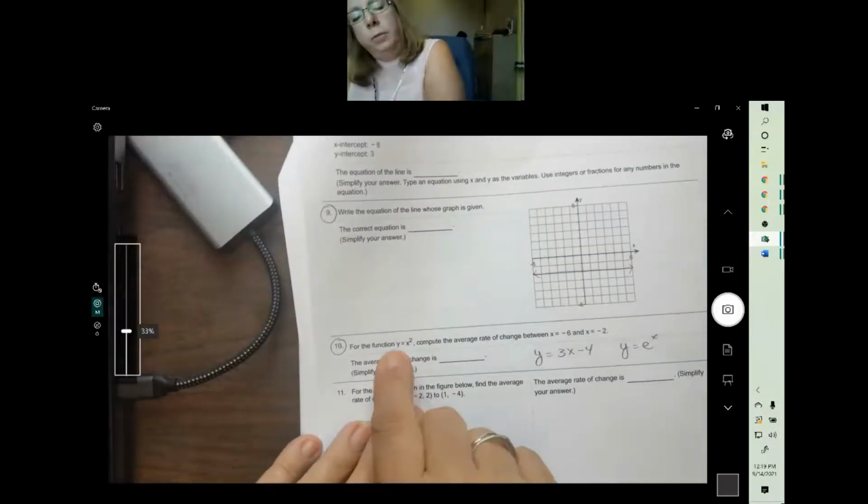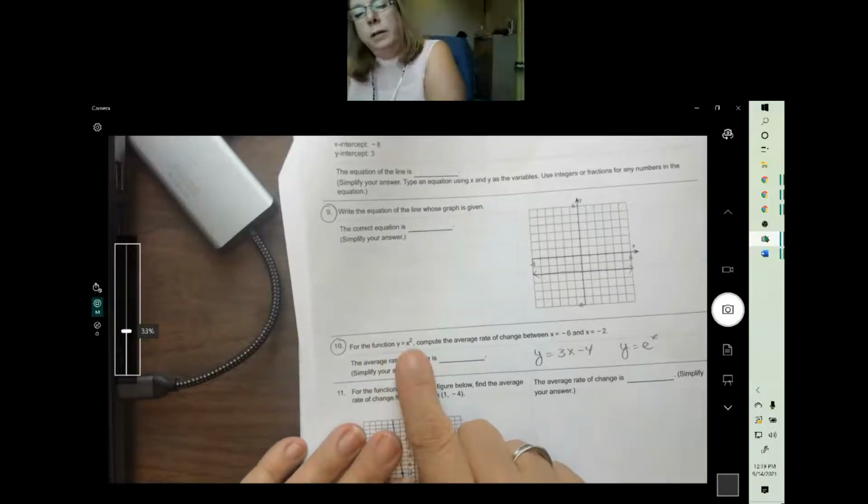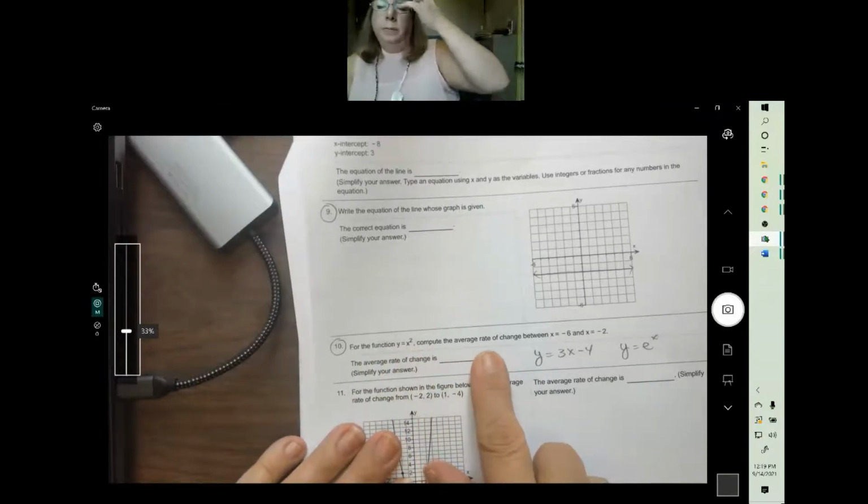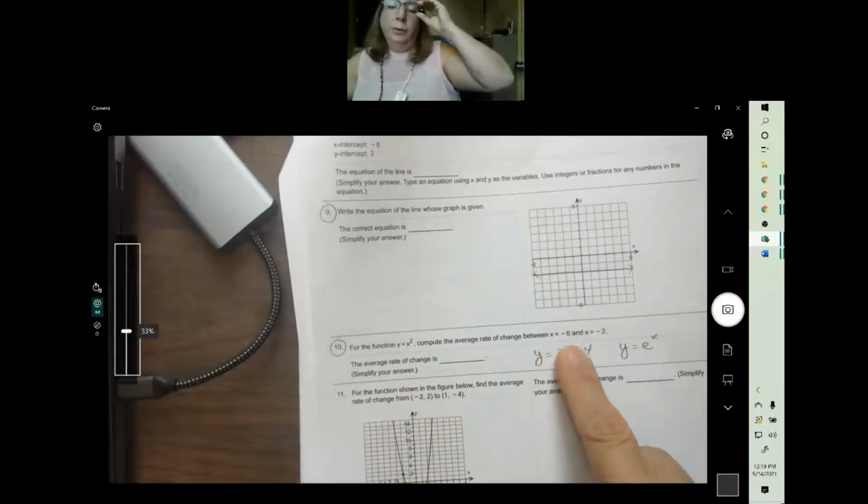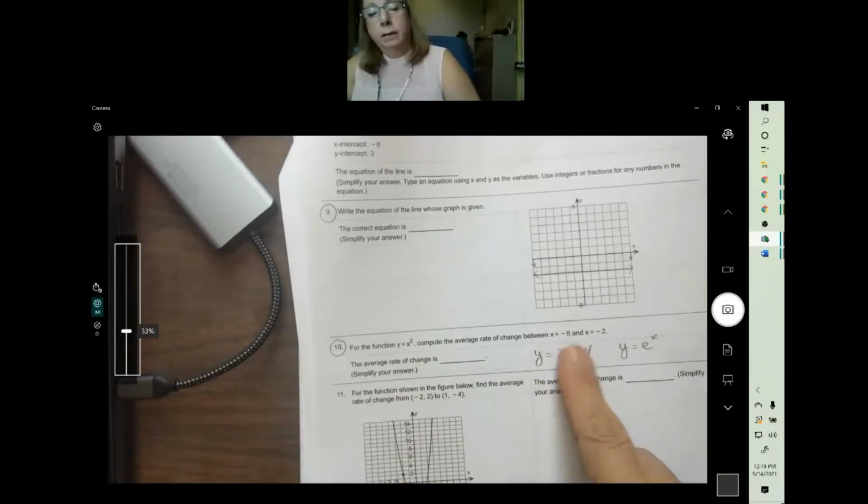It was given: for the function y equals x squared, compute the average rate of change from -6 to -2. So those values were given.